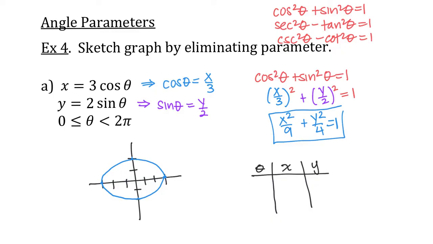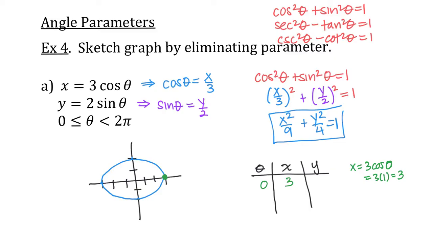So let's see if I plug in 0. My x is 3 times cosine of 0. The cosine of 0 is 1. So 3 times 1 gives me 3. I could calculate the y coordinate, but actually I already know x equals 3 is right here. So this is where I started.